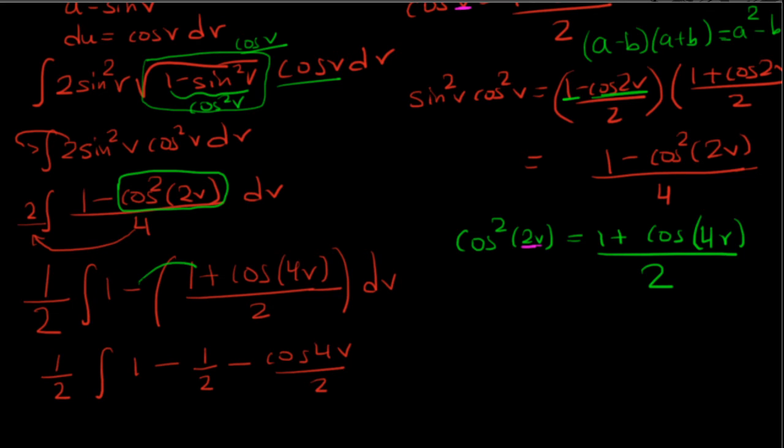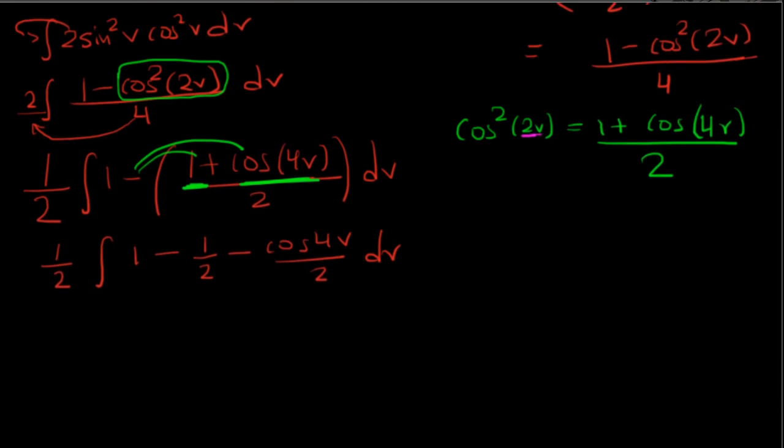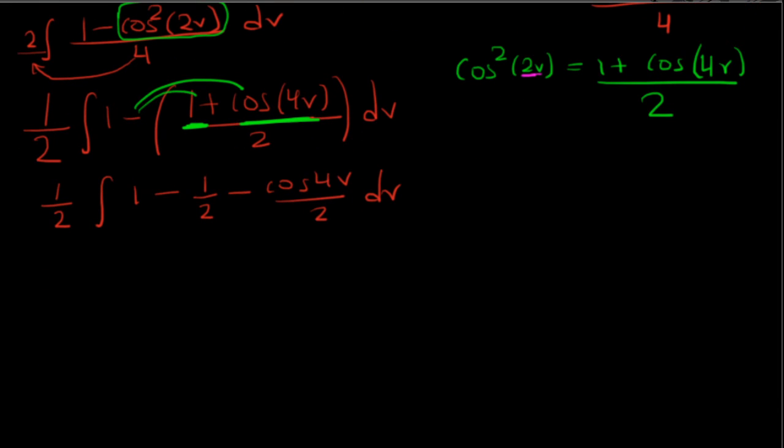I distributed the negative, and I broke it up into 2 different fractions. So 1, the numerator of 1, and then cosine 4v is the other numerator for the fraction. So 1 minus a half is a half. And then we have cosine 4v over 2 dv.